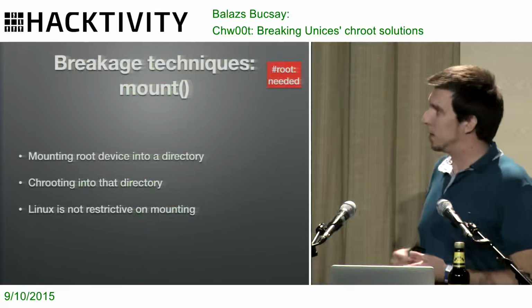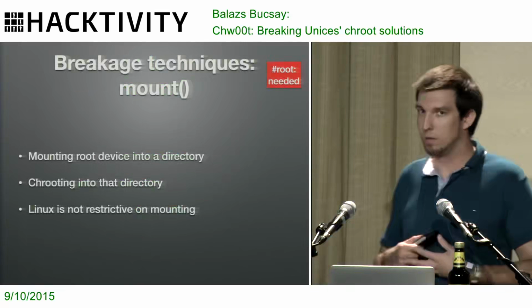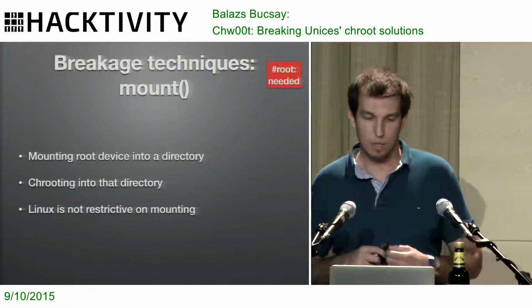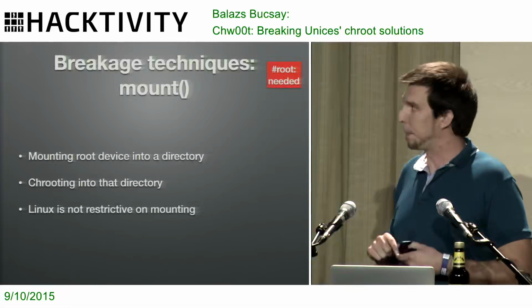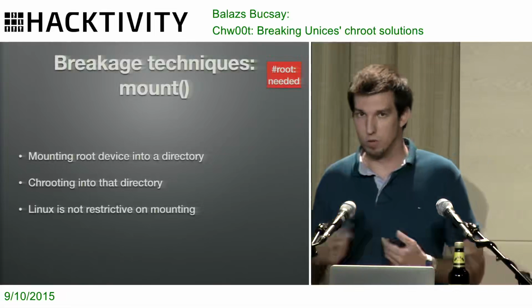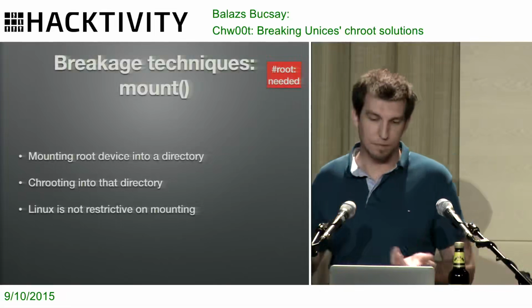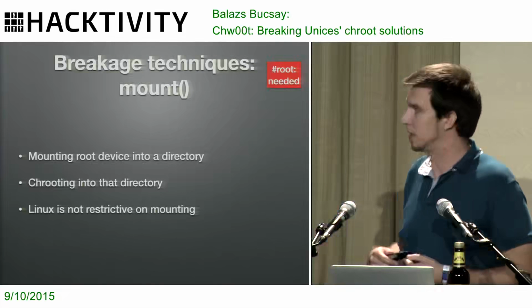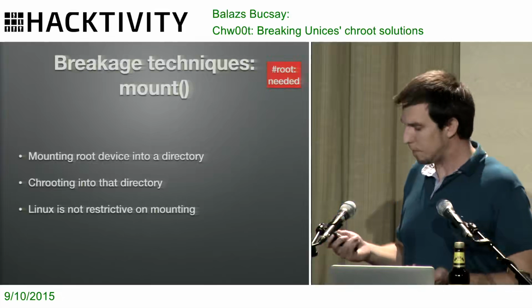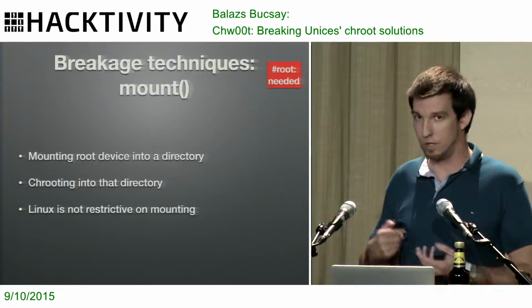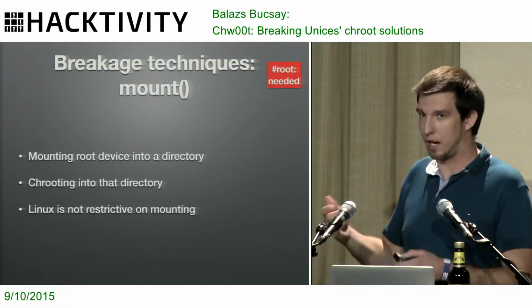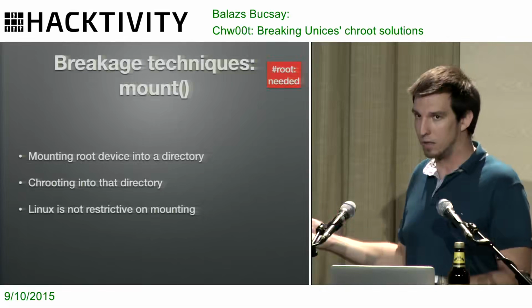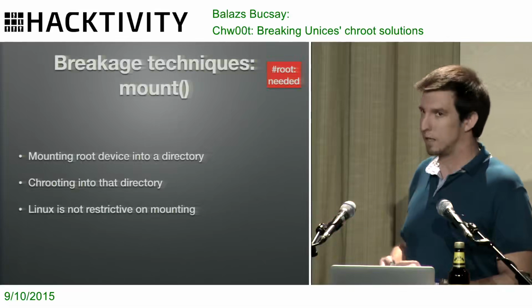The fourth technique is the mount. This is maybe the most trivial. We just look for the root partition of the Linux box, mount it into a directory, change the directory to that mount point, and chroot into that.